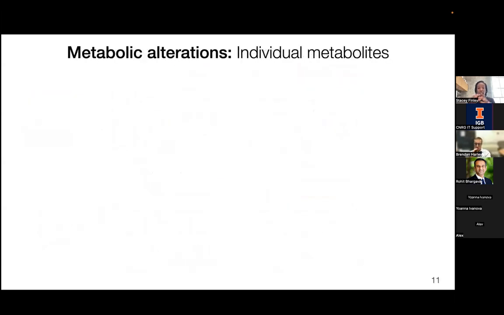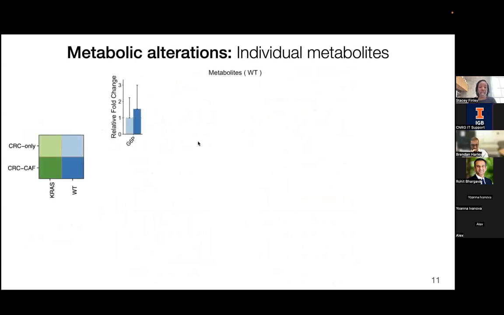And so we wanted to further probe what's happening due to the CAF conditioned media. So then we looked at, okay, what are those metabolites that are altered or having a differential abundance? And we can do that in a couple of ways. So you're going to see this color scheme for the next several slides, where the blue corresponds to wild type cells, the green corresponds to cells that have the KRAS mutation, light colored bars will correspond to cells that were remaining in CRC only media, and the dark bars are cells that were switched to CAF conditioned media.